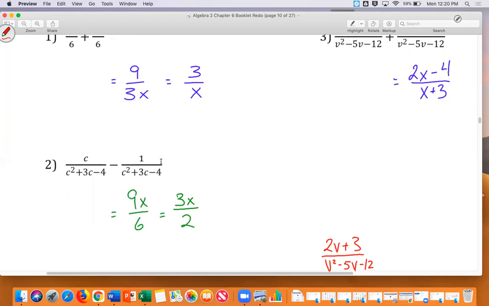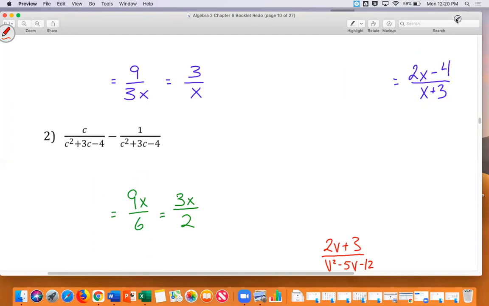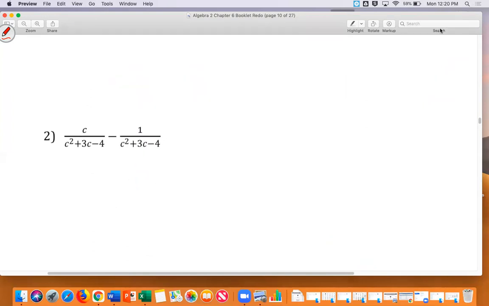And then we have number 2. Jake, did you want to answer number 2? Sure. What do you got, Jake? Well, I think first we would add the ones on top. It says C over C squared plus 3C minus 4 minus 1 over C squared plus 3C minus 4.